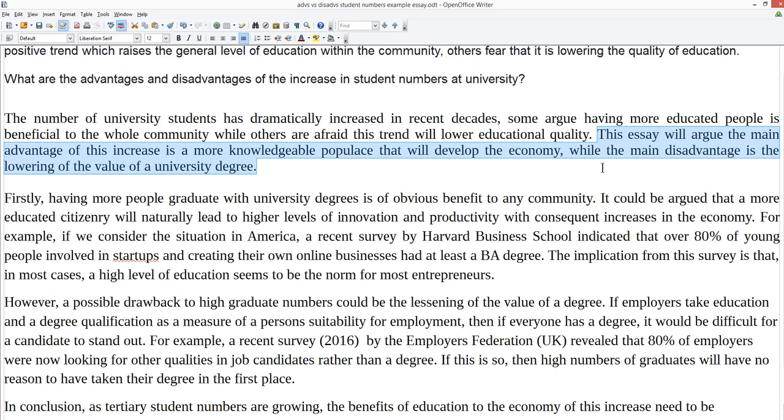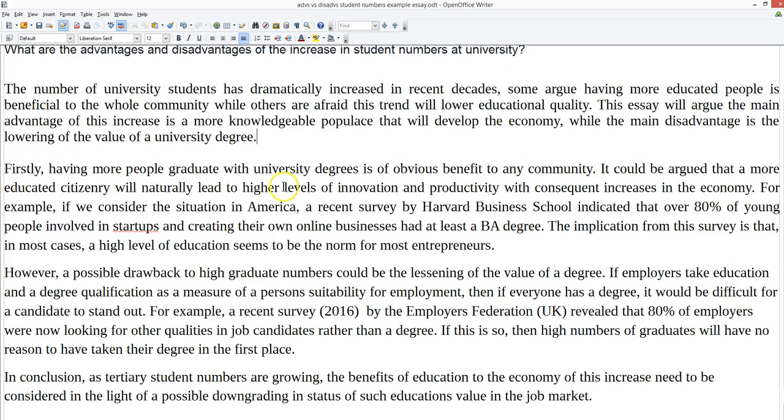Here, we know we're going to be talking about having more knowledgeable people is going to specifically develop the economy. So that's the main idea. So that's clearly signposted. The disadvantage, or the opposite view, is having too many people at uni is going to lower the value of a degree.